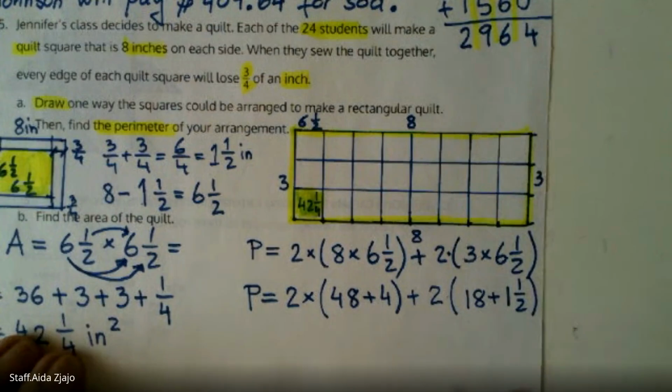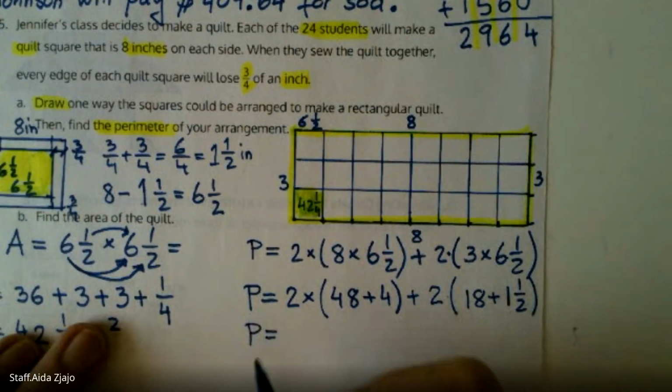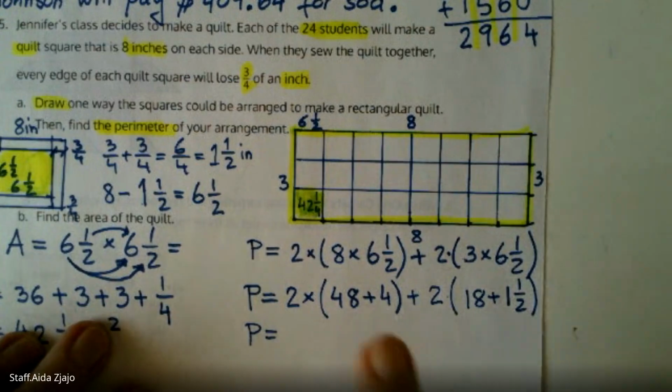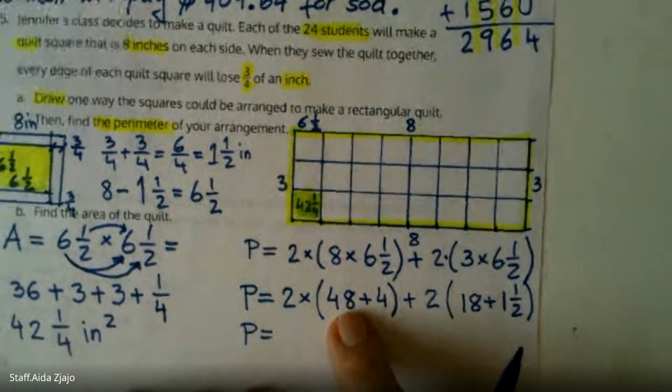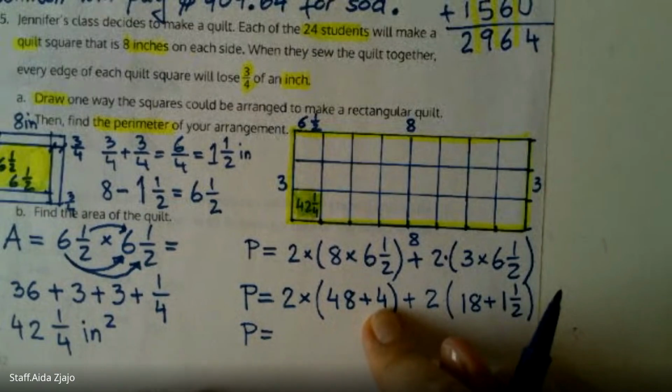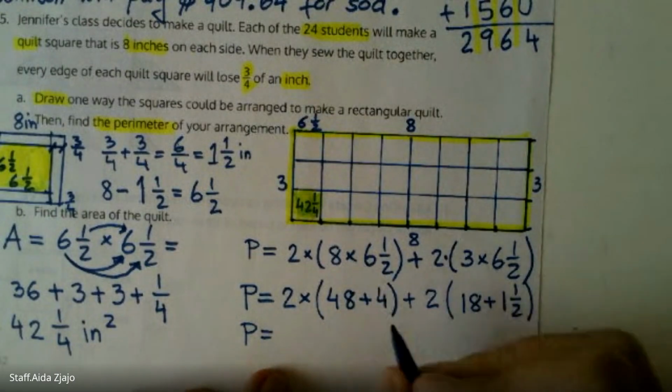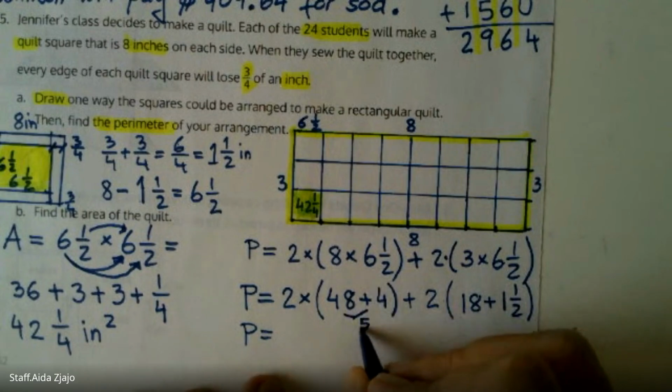Okay, so now next is 2 times this, which is 52.